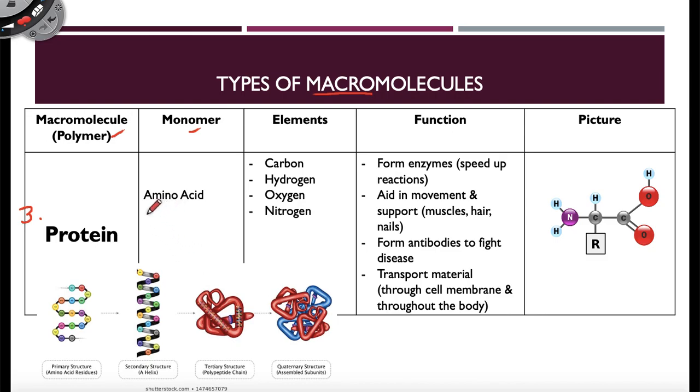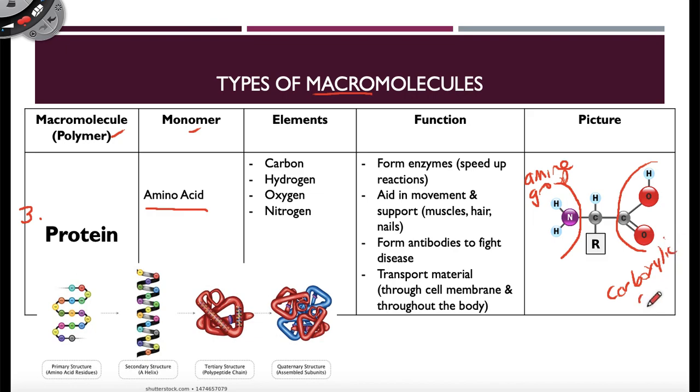Now the individual monomer that makes up a protein is called an amino acid. Now it's called an amino acid because it's got one portion here that is made up of an amine group, and then it has one portion here that's made up of a carboxylic acid group.